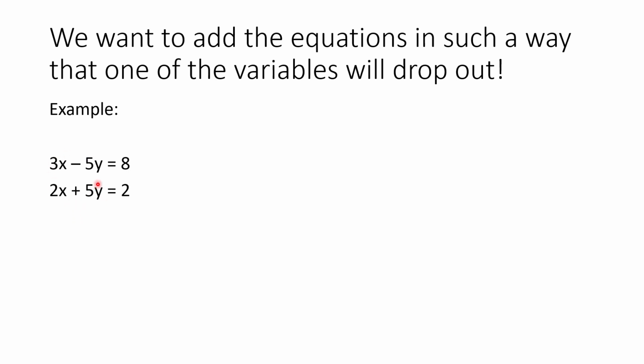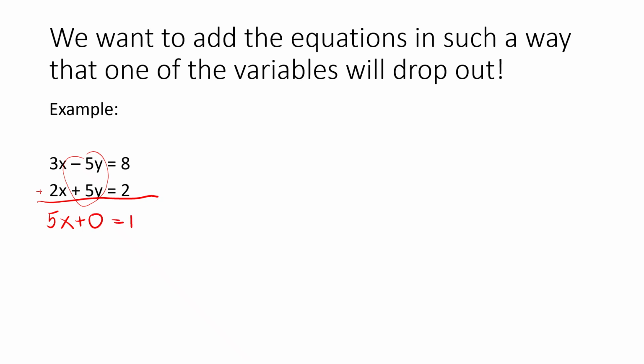But what we can do is add everything on the left going down, and add everything on the right going down, and we will still preserve the truth of that statement. So I have 3x plus 2x, which is 5x. And then here's the critical piece. Negative 5y plus 5y is 0.